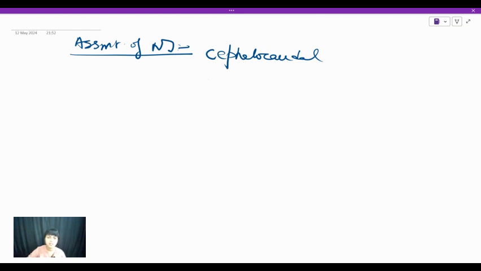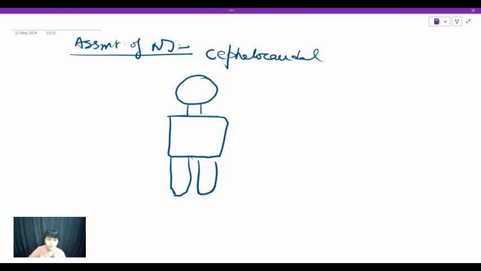It starts with the head region and moves on to the lower part of the body, right? Here we have something called Kramer's rule. Clear? Kramer's rule. This is often asked in viva.